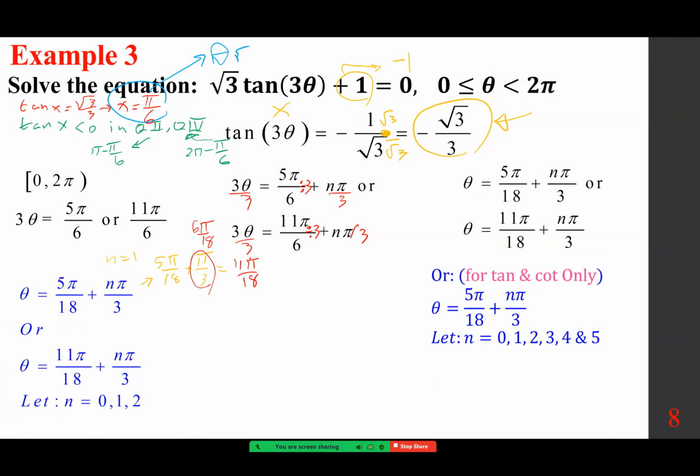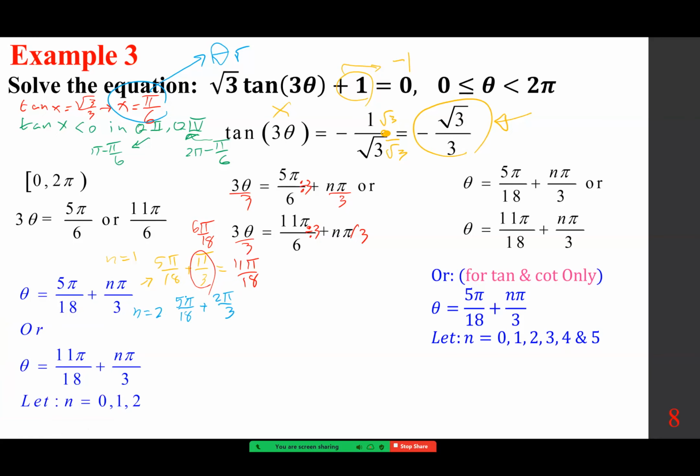And if you plug in a 2, for example, you get 5 pi over 18 plus 2 pi over 3.